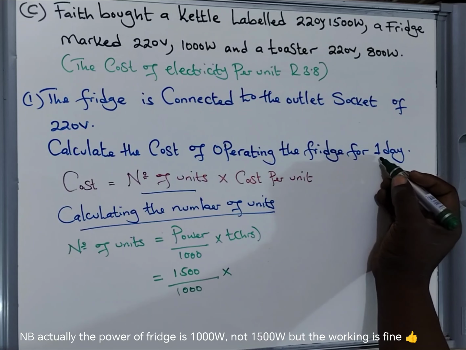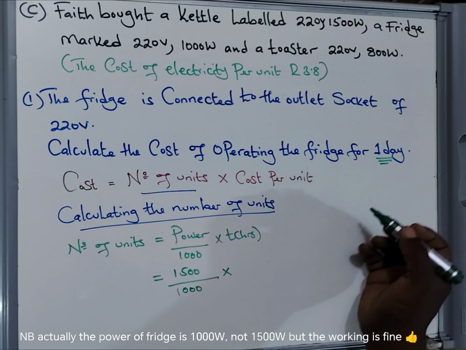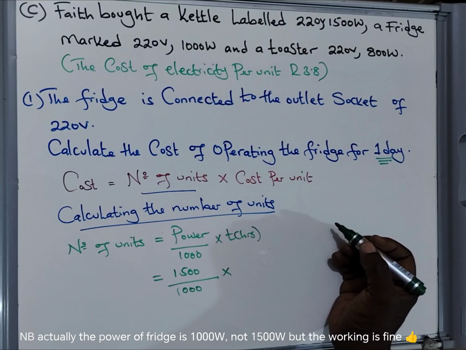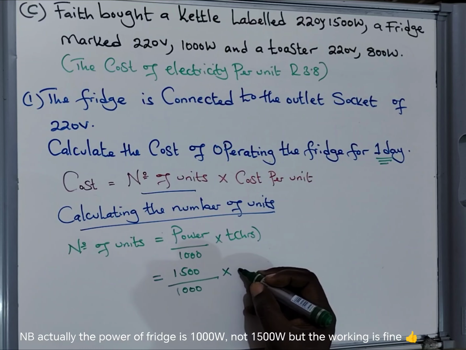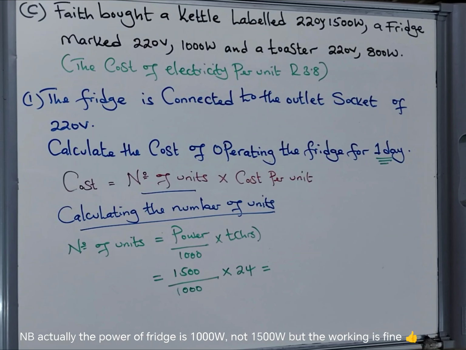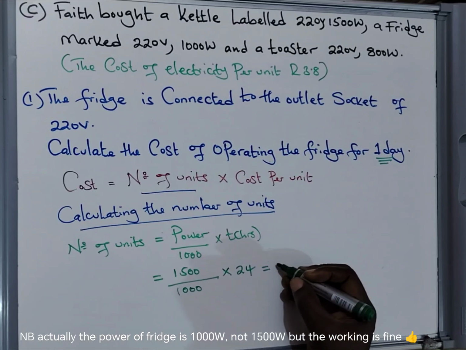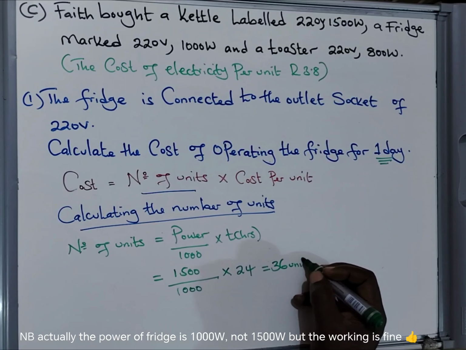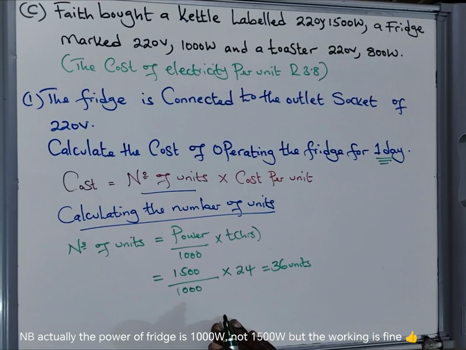But here we have to recall that the fridge was on for 1 day. So 1 day is 24 hours. So this gives us 36 units.